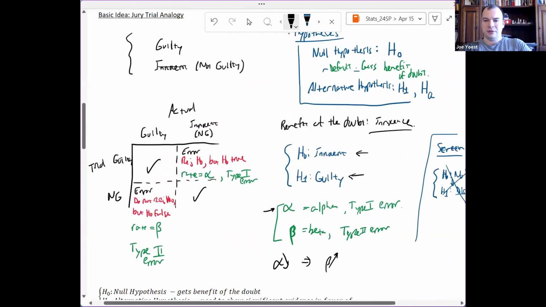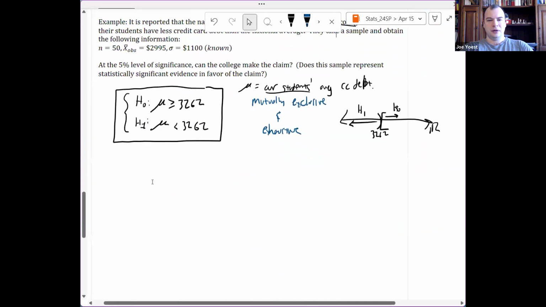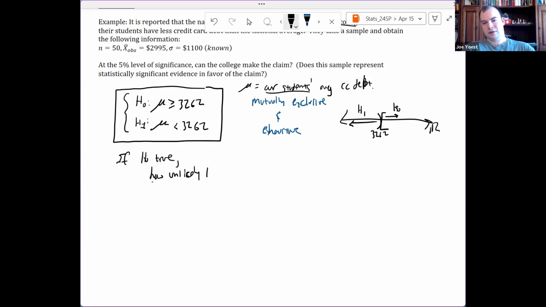Or up here, if the person was still truly innocent under the assumption of innocence, how unlikely would it be for all of this evidence against the person presented at trial to exist just kind of by chance? Or in other words, we say something like, if H naught is true, how unlikely is the sample? That's more or less what we're going to ask next.